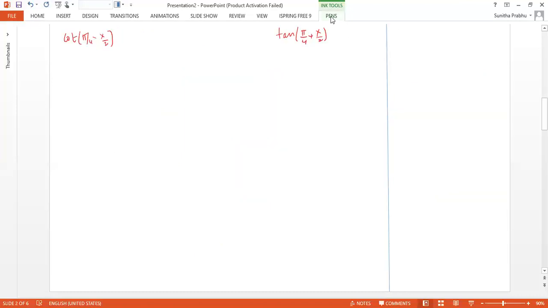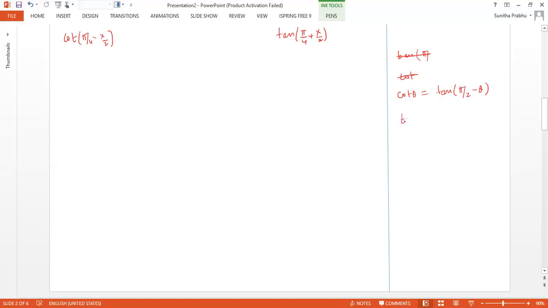Let's see how to convert tan and cot. Cot theta is tan of 90 minus theta. So can I write cot theta as tan of 90 minus theta? Yes, because I have cot, I want to go for tan. So cot theta is equal to tan 90 minus theta.